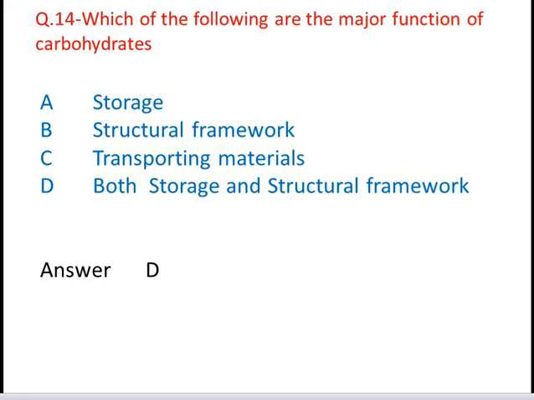Carbohydrates act as a fuel in living organisms for obtaining energy. They can be stored in our body, and there are some polysaccharides like cellulose and peptidoglycan which give structural framework. But transporting of materials is not a function of carbohydrates. This is the function of proteins. That's why the correct answer is storage and structural framework.